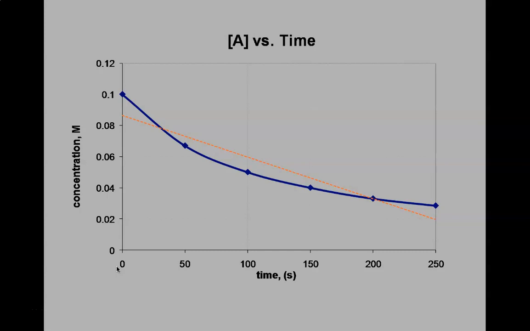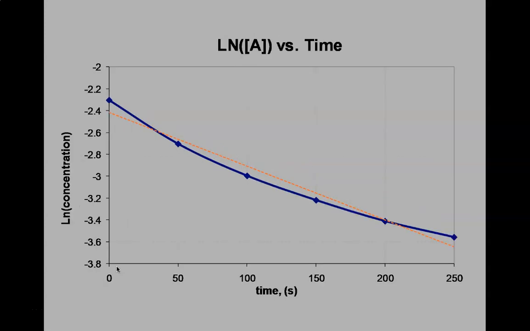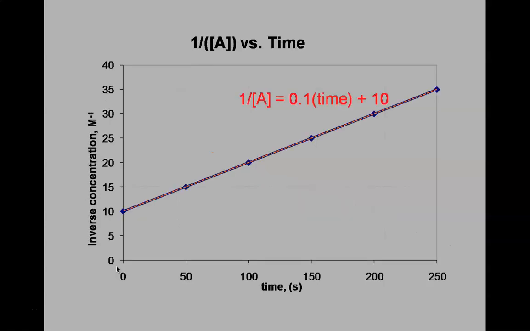So for example, let's say we graphed concentration versus time. That's the blue line. Now we graph natural log of concentration versus time, again the blue line. Then we graph 1 over the concentration versus time, and then the blue line.